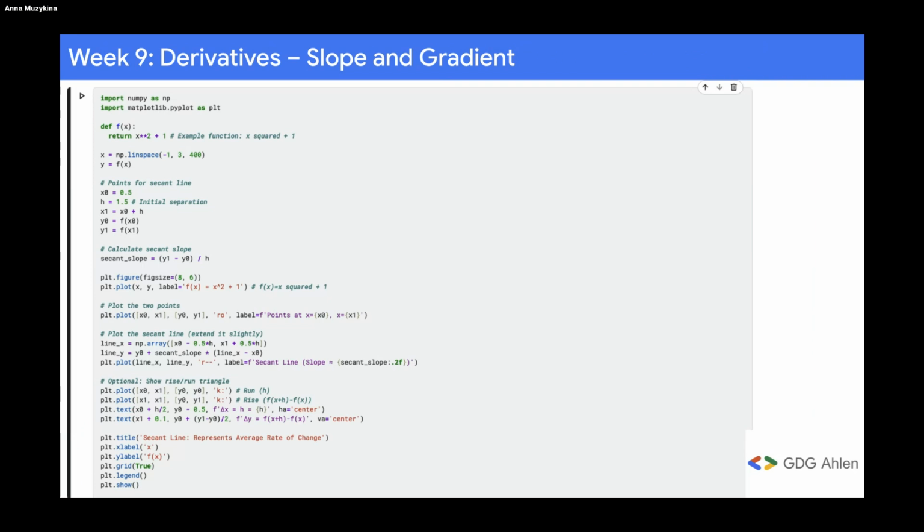Here the change in y, delta y, is f of x0 plus h minus f of x0, and the change in x, delta x, is simply h. So the slope is f of x0 plus h minus f of x0, divided by h.